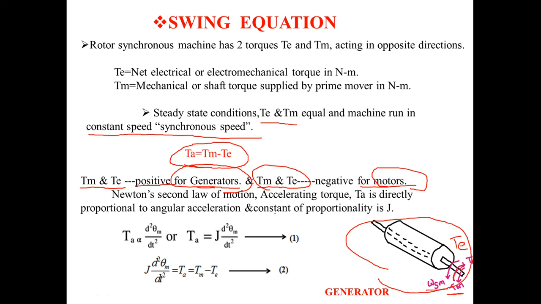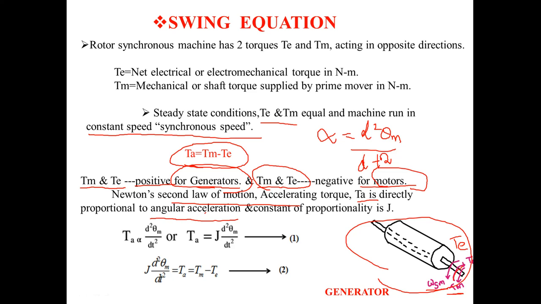Okay, so from Newton's second law of motion, the accelerating torque, I'm assuming this alpha will be equal to d square theta m by dt square. Okay, so this is the accelerating torque, which will be proportional. So here the torque will be directly proportional to the angular acceleration.